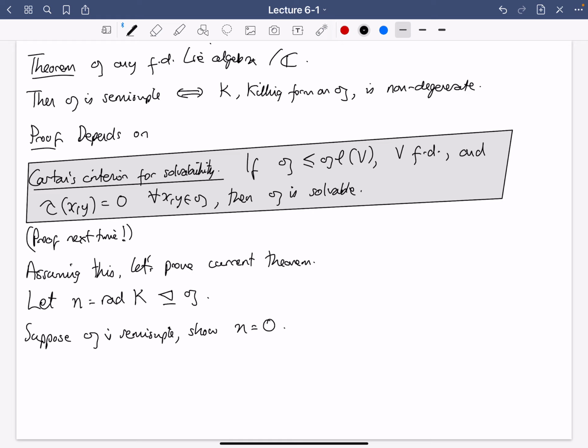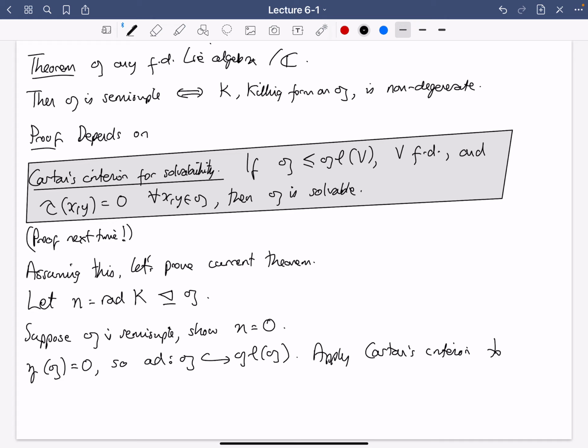Well, as G is semisimple, the center of G is 0. So that means that this adjoint representation from G to GL(G) is injective. Remember, the kernel of ad is the center. Now what I'm going to do is apply this Cartan criterion to this subalgebra n. So I'm working in the adjoint representation.